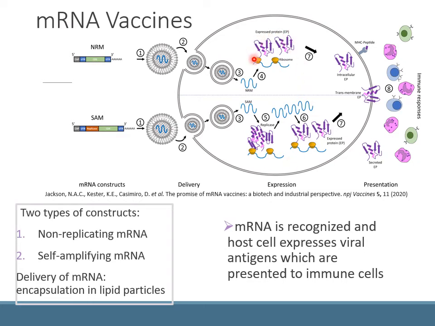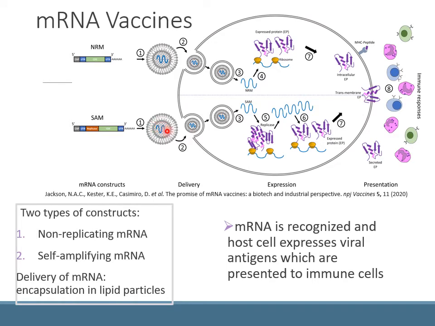The host cells then express that protein, present it to the immune system, initiating an immune response. Now, for messenger RNA, there are two types of constructs. There are non-replicating messenger RNAs and self-amplifying messenger RNAs, so that the self-amplifying messenger RNAs will produce a higher yield of antigen.